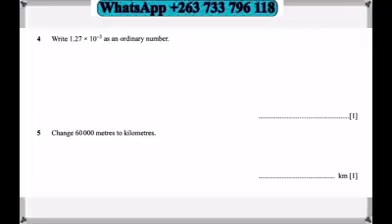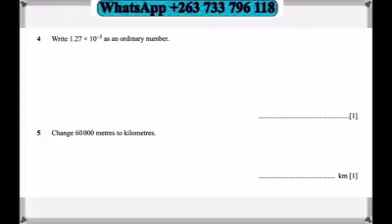Then number 4, 1.27 times 10 to the power negative 3 is an ordinary number. So here the trick when dealing with small numbers which have a negative index on 10, when converted to scientific mode or standard form, negative 3 denotes the number of zeros before the value, so it will be 0.00127.